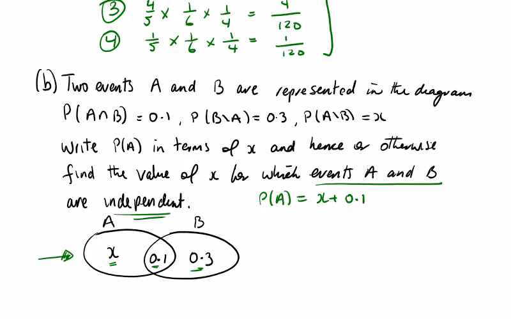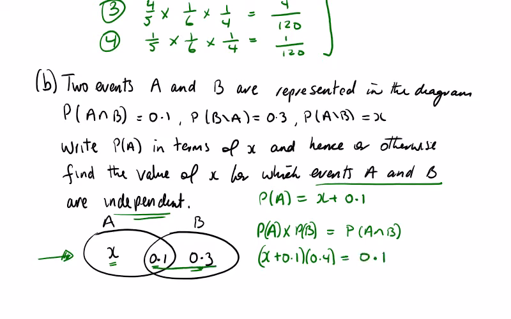Now a couple of ways to do this. The probability of A multiplied by the probability of B is equal to the probability of A intersection B for them to be independent. So the probability of A is x plus 0.1. The probability of B is 0.4, these 2 multiplied together, and that would have to be equal to 0.1.